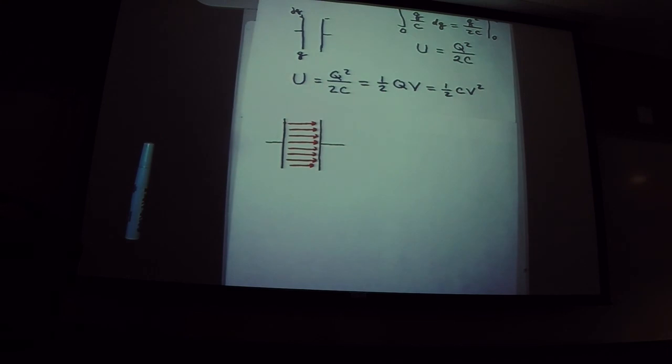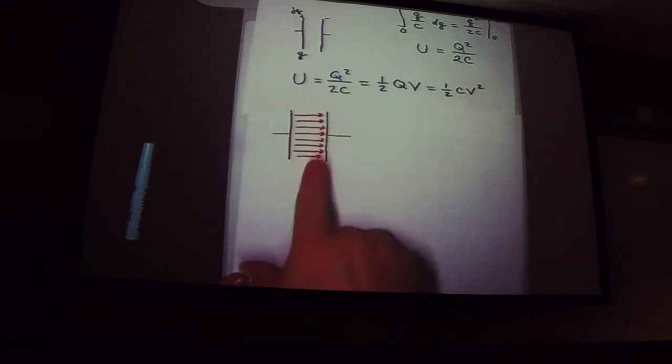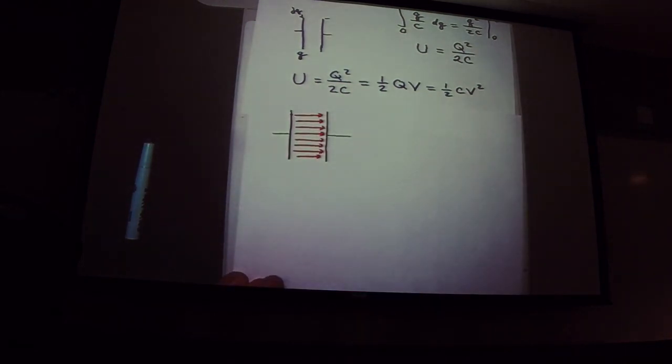We might not know that this is a capacitor. But anytime I have an electric field, it implies there's charges somewhere. There's charges that have been placed somewhere to create this electric field. And there's a certain amount of energy that was required to put those charges there. So we're going to look at the energy just in terms of, if I have an electric field, it implies there's some kind of energy involved in moving charges around to create that electric field.